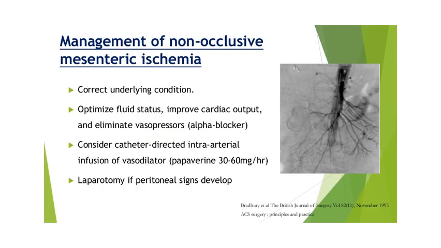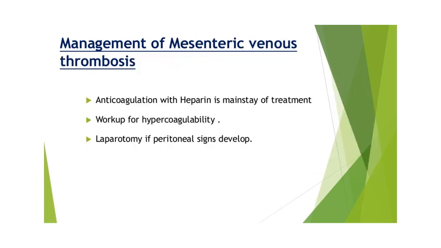Management of non-occlusive mesenteric ischemia: correction of underlying condition, optimize fluid status and improve cardiac output, eliminate vasopressors, consider catheter directed intra-arterial infusion of vasodilator, laparotomy if peritoneal signs develop.